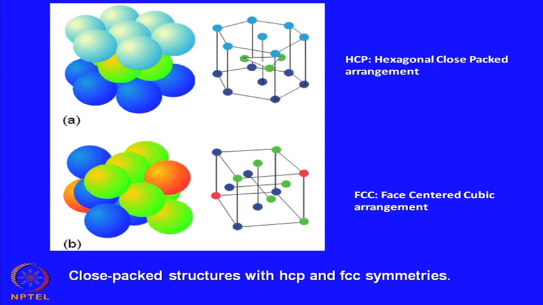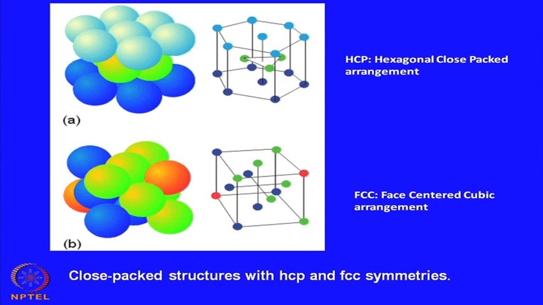The volume fraction occupied, or the open space, in both the structures is the same. If you calculate the volume fraction of the space which is empty because of the curved nature of the atomic surfaces, there will be some empty space, and that empty space is exactly the same because both of them have the close packed arrangement.